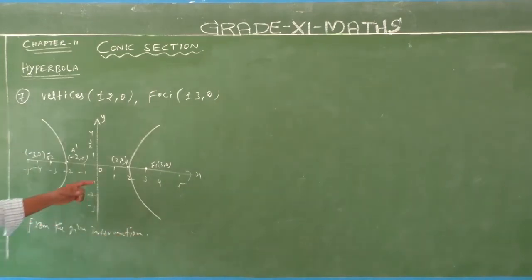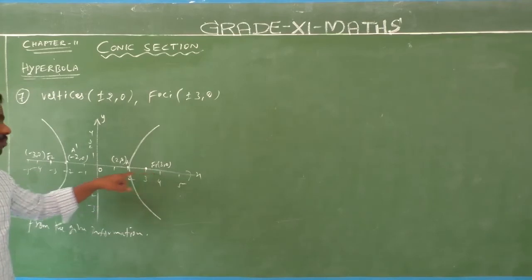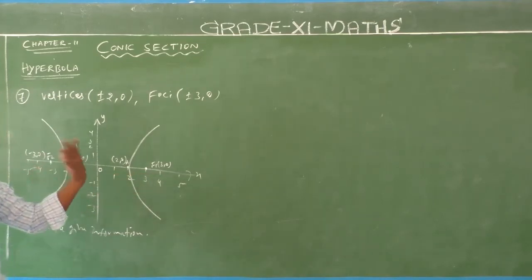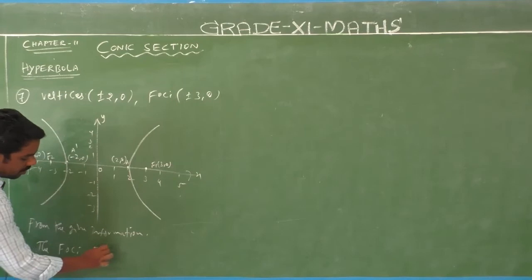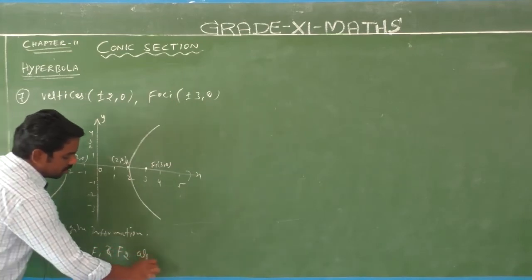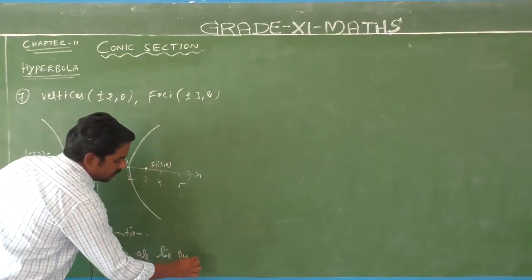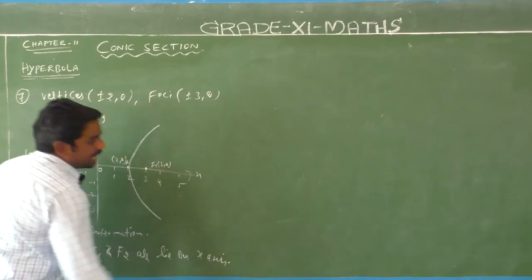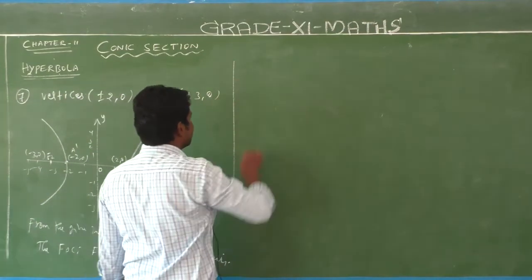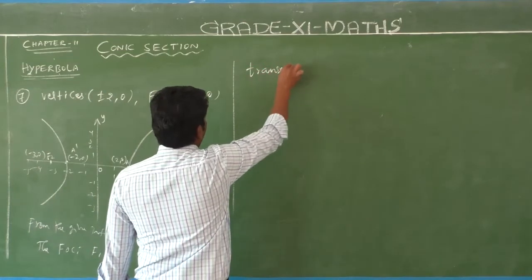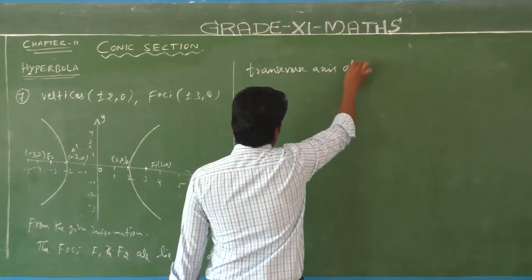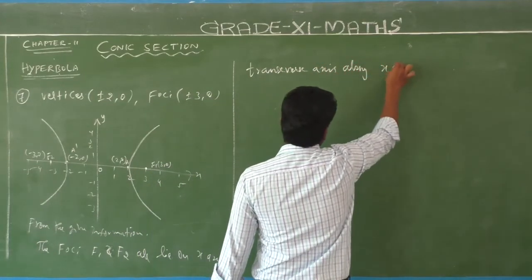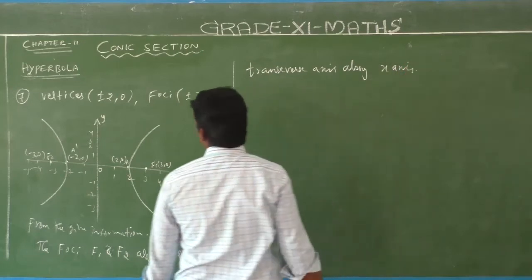See this curve. The foci F1 and F2 lie on the x-axis, so the transverse axis is along the x-axis.